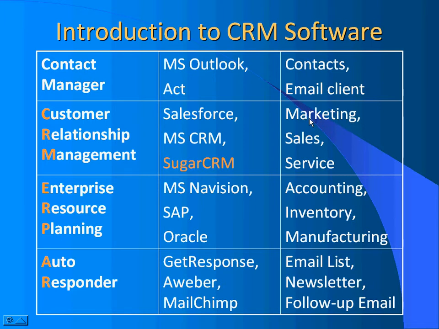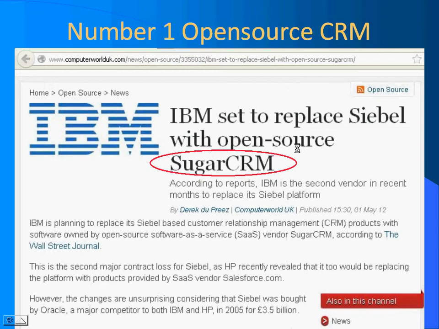Why do we want to introduce Sugar CRM to you? Firstly, it is open source software, just like the WordPress software that you are using for your website. Sugar CRM, in the CRM software area, is the number one open source CRM.